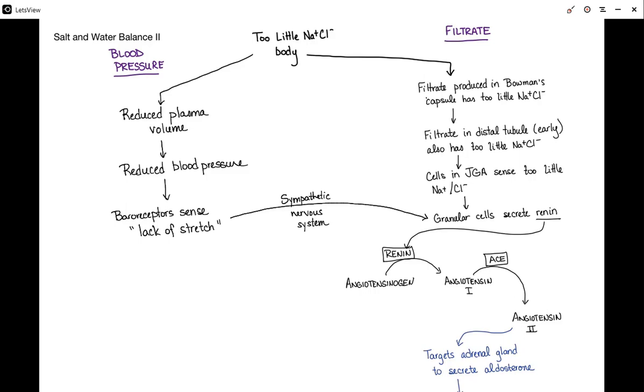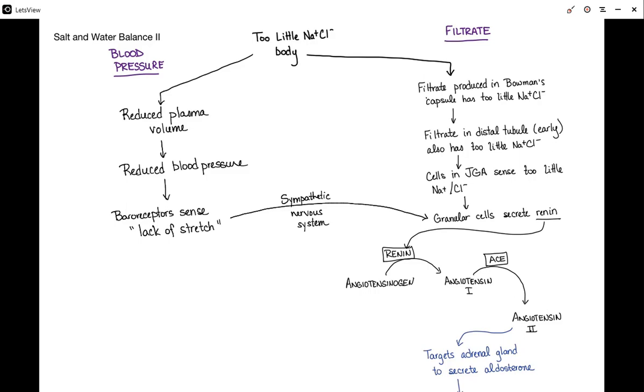In addition, the afferent arteriole itself, which we referred to in a previous lecture as being able to self-regulate with a myogenic stretch reflex, also has ways to sense stretch. And therefore, if it doesn't sense enough stretch, it will also secrete renin. So there's actually 3 different triggers for renin secretion.